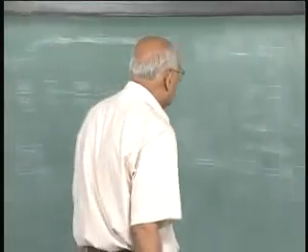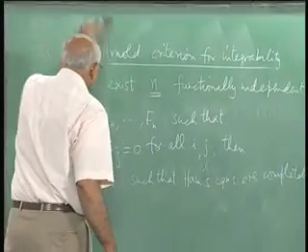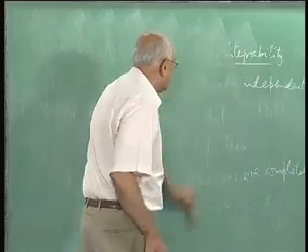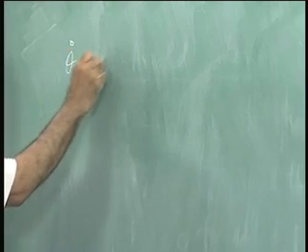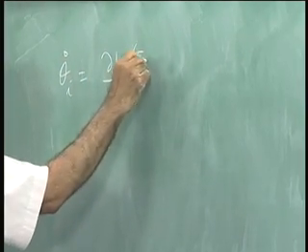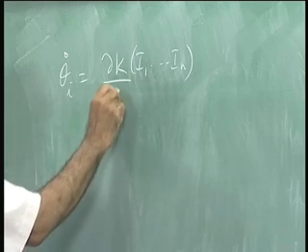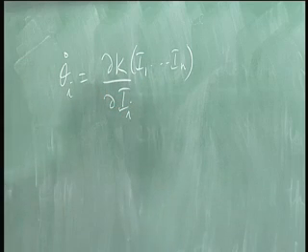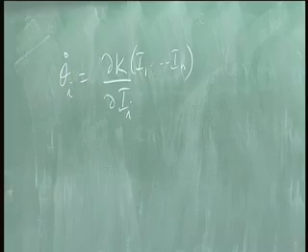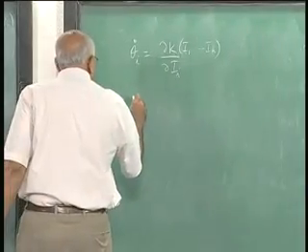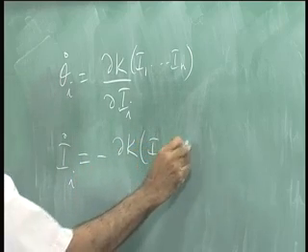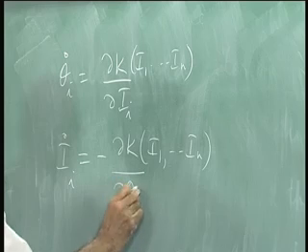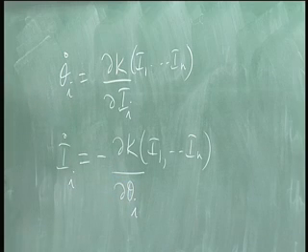Because we can write the equations of motion down, it implies theta i dot equals the partial derivative of K, which is a function only of I1 up to In, with respect to I i. Instead of capital Q and capital P, I am going to use theta and I here. And I i dot equals minus the partial derivative of K of I1 to In with respect to theta i, for little i running from 1 to n.